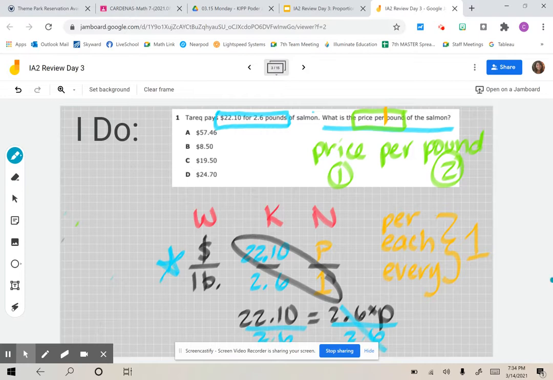I'm going to use my handy dandy calculator here to get us through it a little bit quicker. And I see that the price is 8.5, but since we are talking about money, we don't say 8.5, we say $8.50. So our complete sentence, the price per pound of the salmon is $8.50.